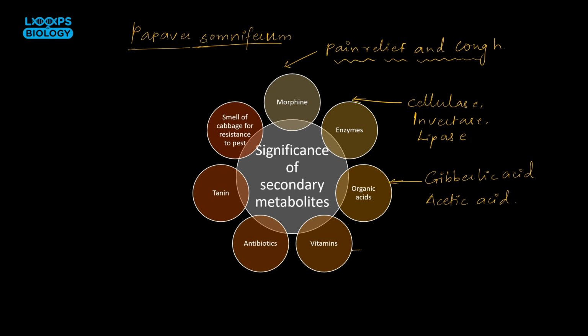Alright. There are vitamins such as vitamin C, vitamin B12, vitamin B2, vitamin B1. There are various vitamins, mostly B complexes, formed with the help of organisms again as secondary metabolites.